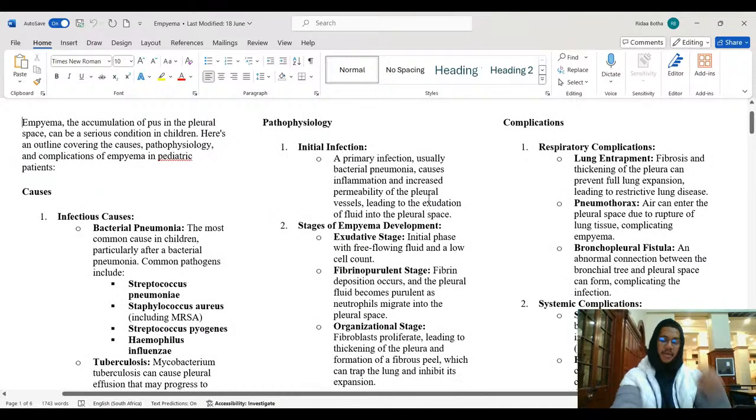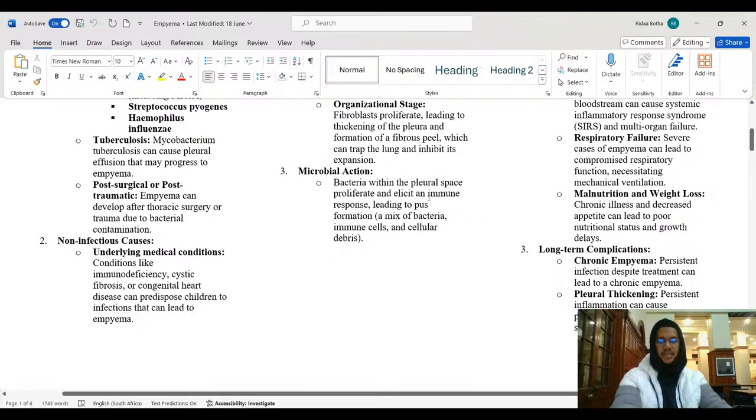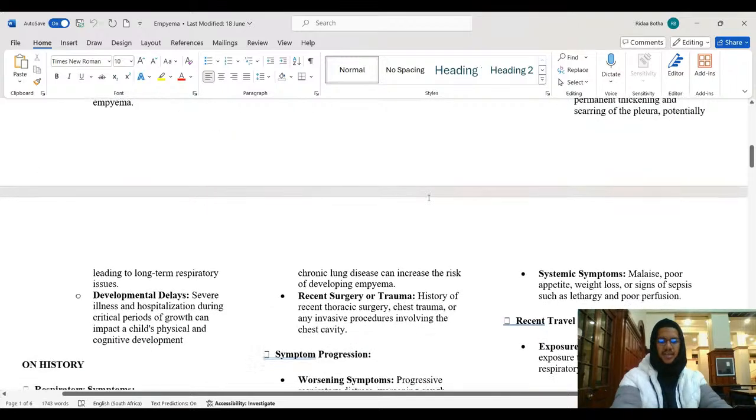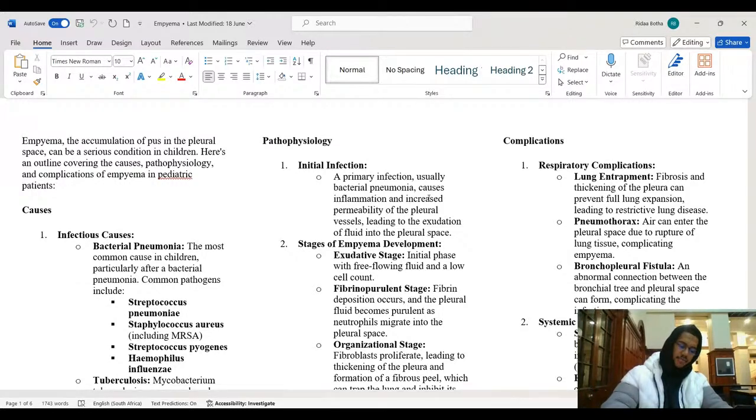Complications of empyema. There are respiratory complications as well as systemic and chronic complications. The respiratory complications have three branches.